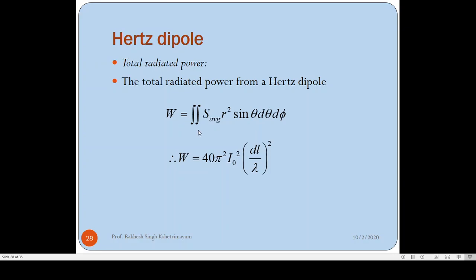And finally the expression for the total radiated power from a Hertz dipole is simply 40 pi square I naught square (dl by lambda) whole square. So these are almost constant. The only variation is with respect to this. Let us try to interpret this expression for the total radiated power from a Hertz dipole.